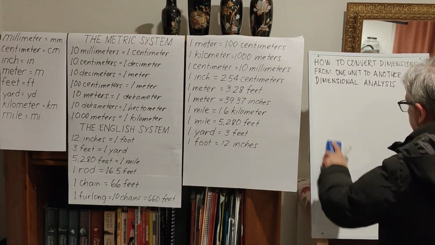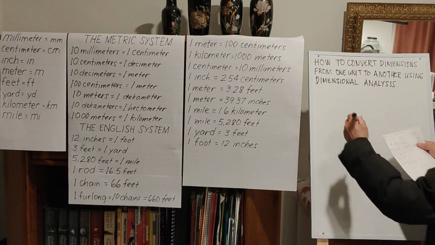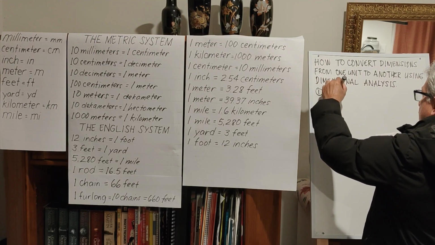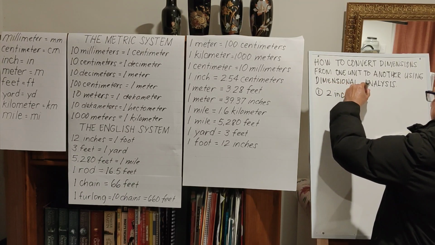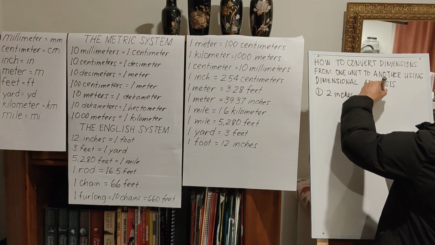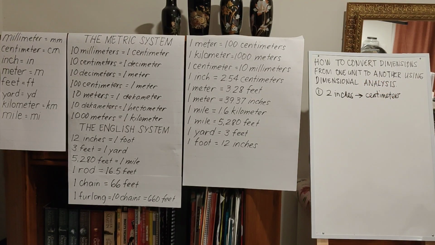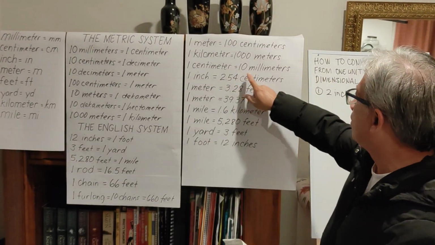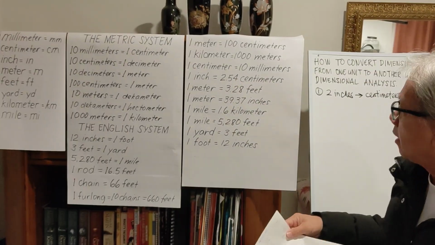So first example, example number 1: 2 inches converted to centimeters. In this conversion, we have 1 inch is equal to 2.54 centimeters.